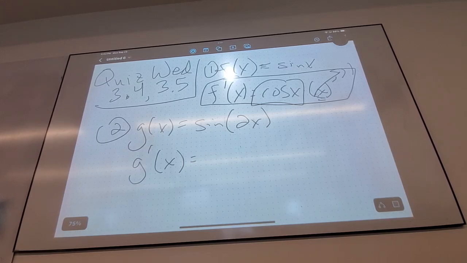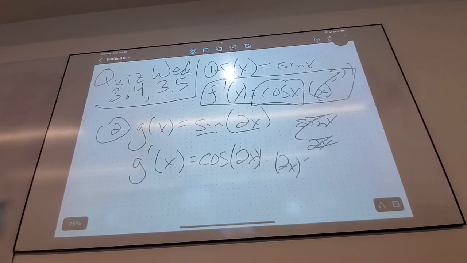You could say the outside is sine x and the inside is 2x, and if it helps, great. I don't see a reason for it. So what's the derivative of sine of stuff? Cosine of stuff. Then the stuff gets a turn.